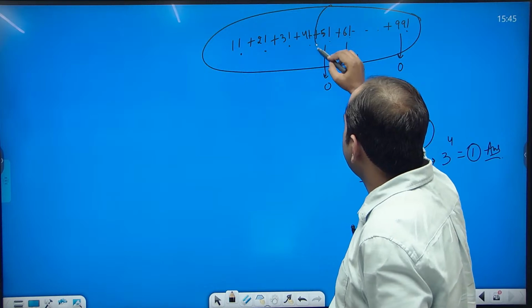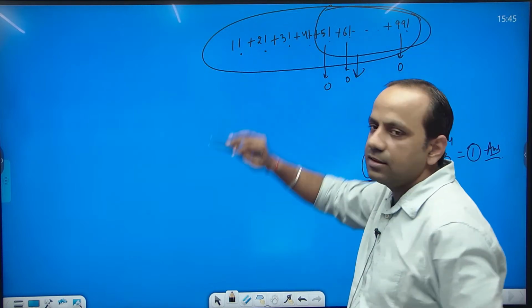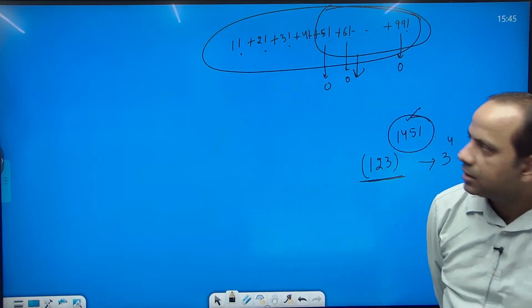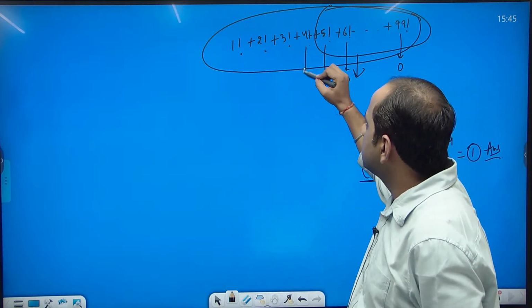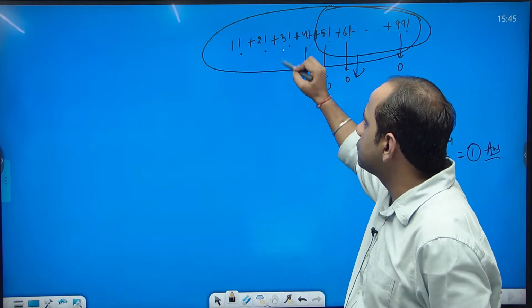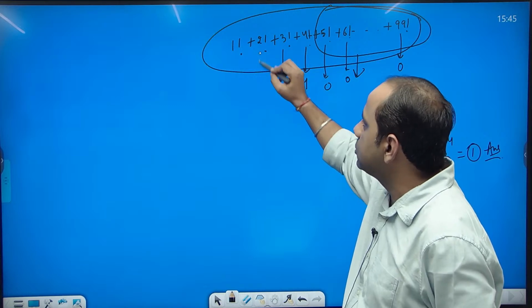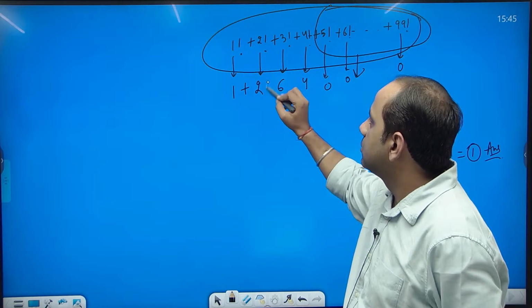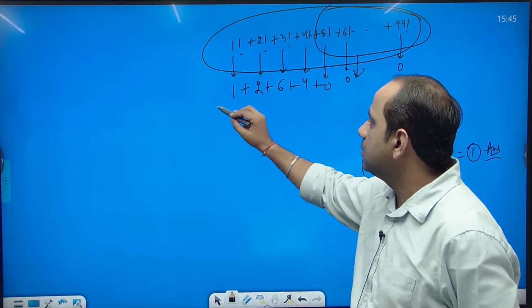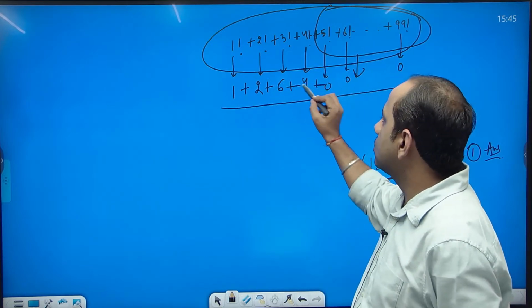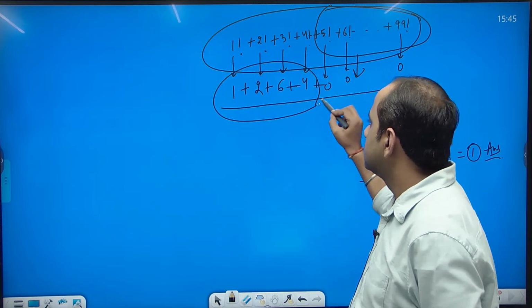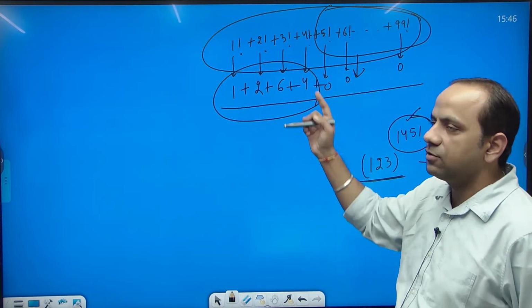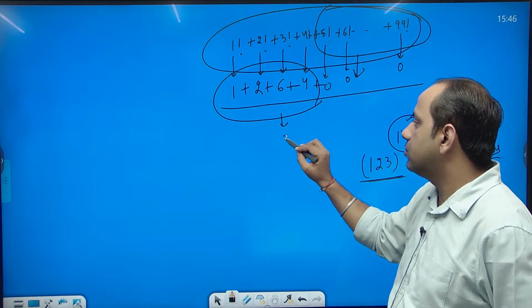So after 5 factorial, any factorial gives the unit digit as 0. But the unit digit of 4 factorial is 4, the unit digit of 3 factorial is 6, the unit digit of 2 factorial is 2, and the unit digit of 1 factorial is 1. So your answer depends on the first 4 factorials only. That is 1 plus 2 plus 6 plus 4, which will give you 3.